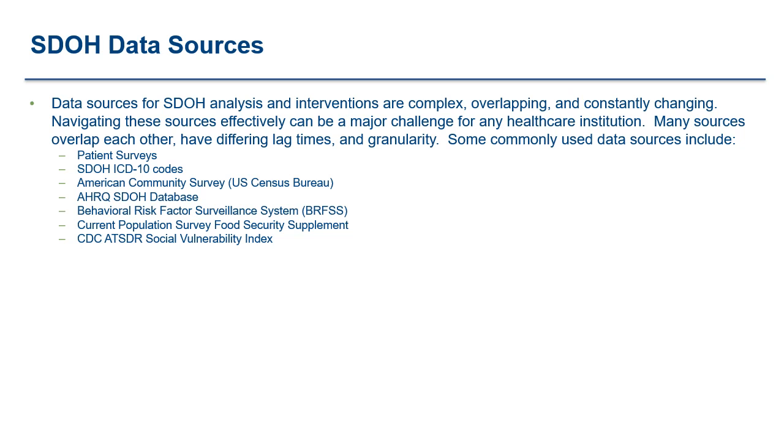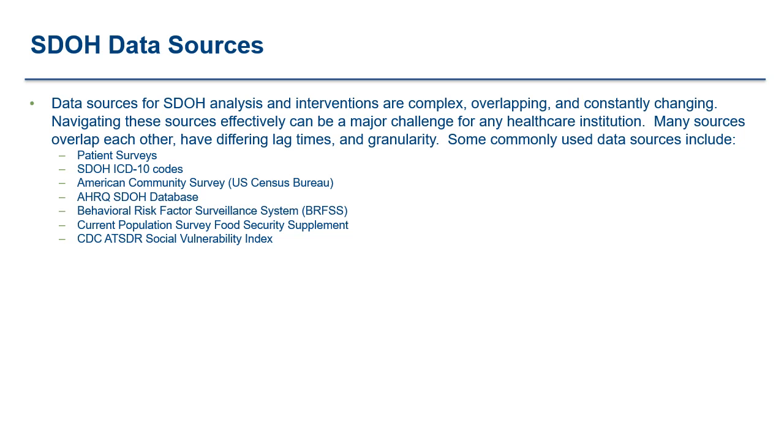There are areas within the U.S. Census Bureau, such as the American Community Survey. There's an AHRQ, Agency for Healthcare Research and Quality, database that is available. There is a behavioral health survey called the Behavioral Risk Factor Surveillance System, otherwise known as BRFSS. That is a very comprehensive data set that is available.